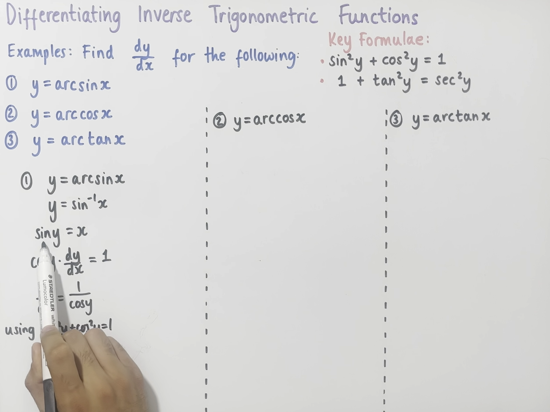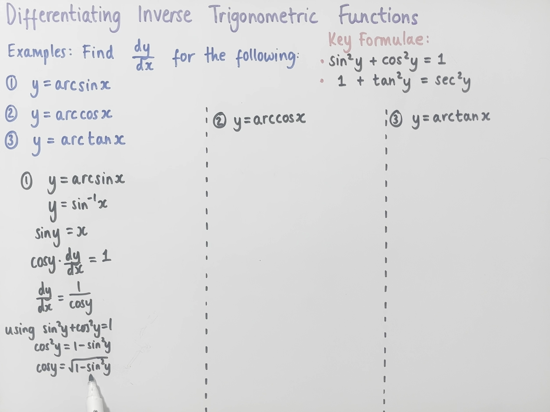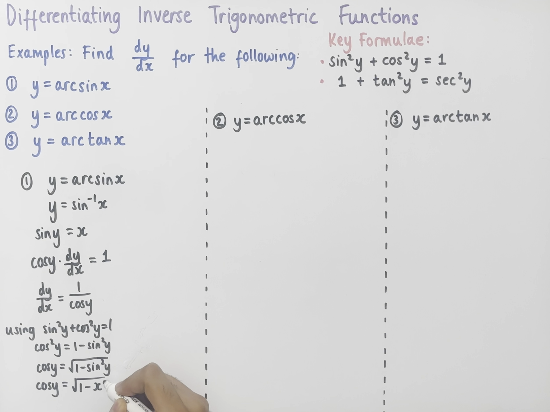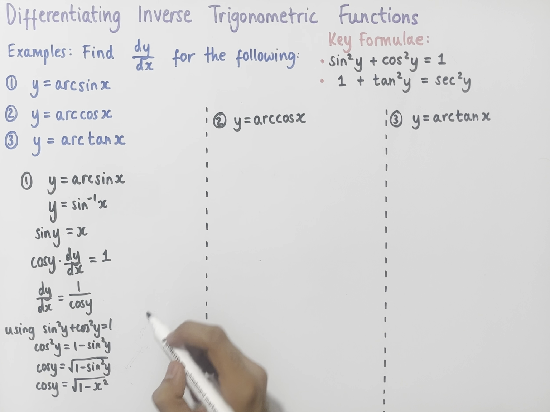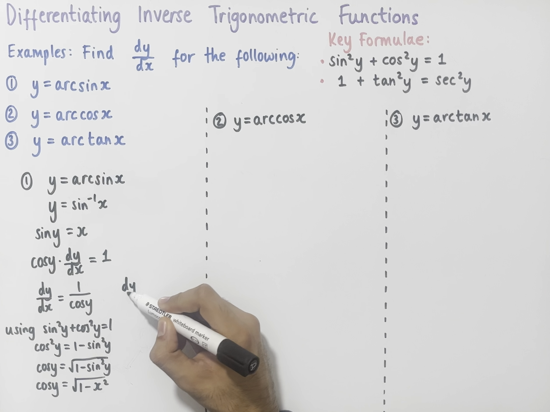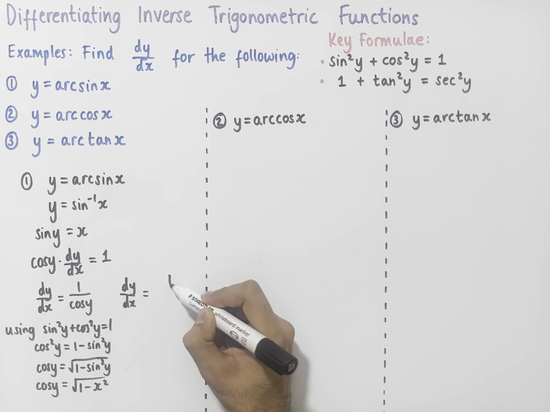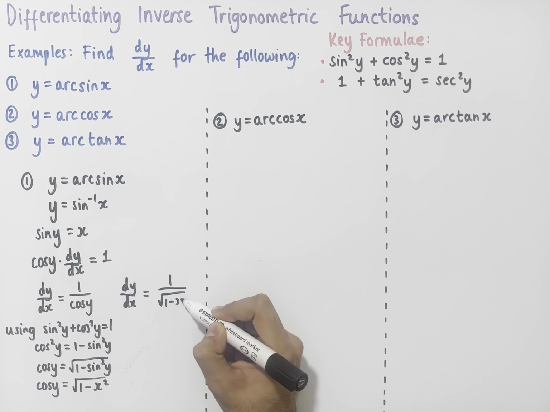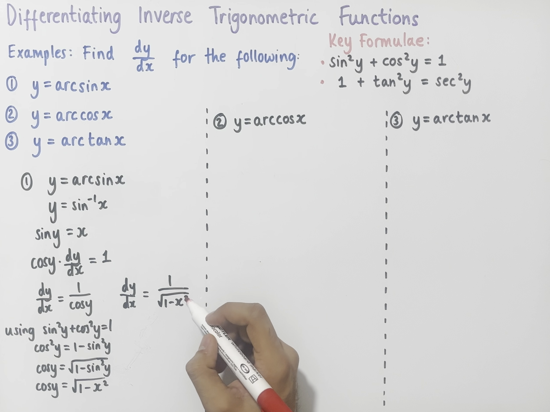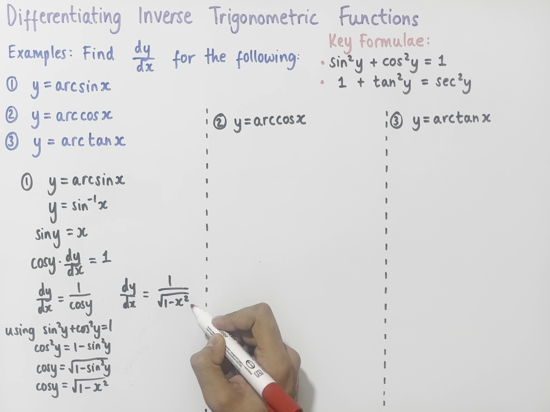And since we know that sine of y equals x, then we can replace sine squared y with x squared, and so we get cos y equals the square root of 1 minus x squared. Finally, if we replace cos y with the square root of 1 minus x squared, then we get that dy over dx equals 1 over the square root of 1 minus x squared. And so if we differentiate y equals arcsin x, then we end up with dy over dx equals 1 over the square root of 1 minus x squared.